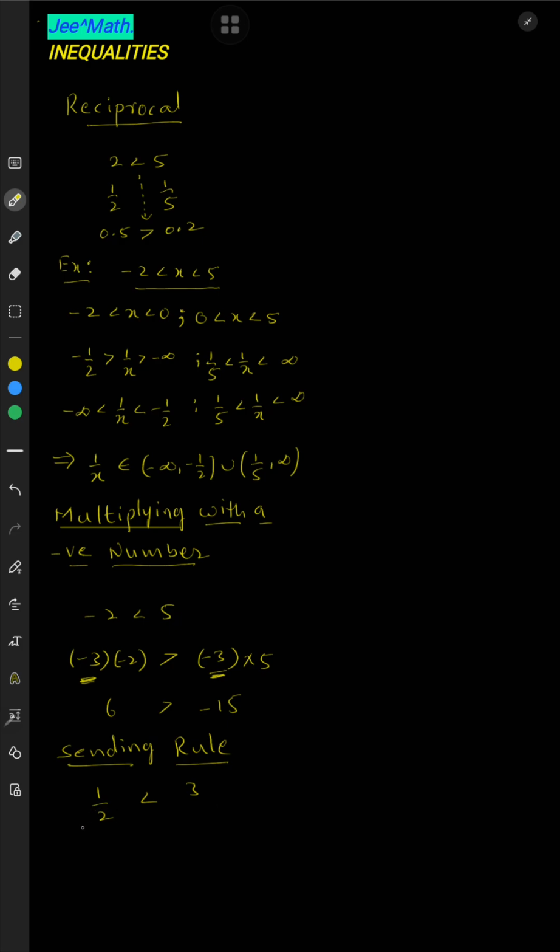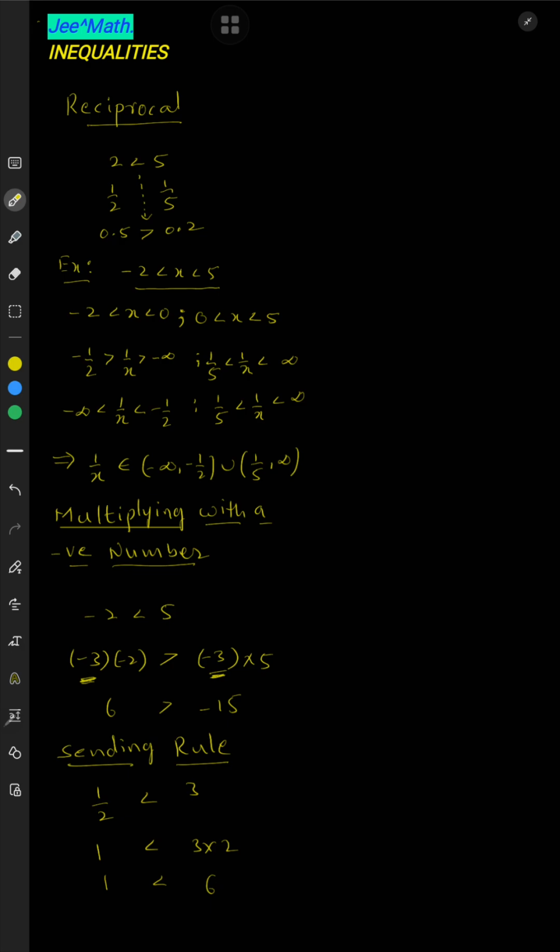Now you are sending a positive number to the other side. So 1 will be here, and on sending 2 to the other side, we get 3 into 2. Now what about the inequality? This is 1, this is 6, and 1 is less than 6. On sending a positive number to the other side, the inequality does not change.